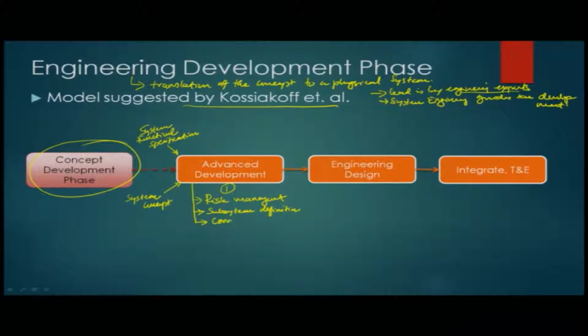So, subsystem definitions come out as part of this, and the third part will be component specifications. So, these three will be the major activities that happen within the system. I apologize. And as I said earlier, there will be two outputs of this.